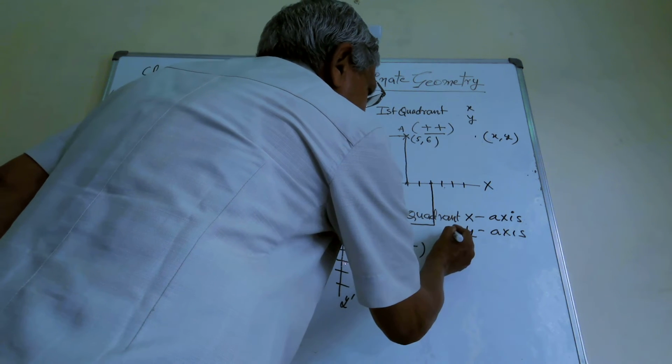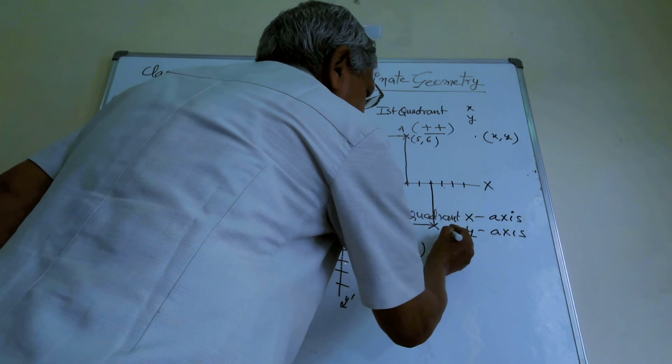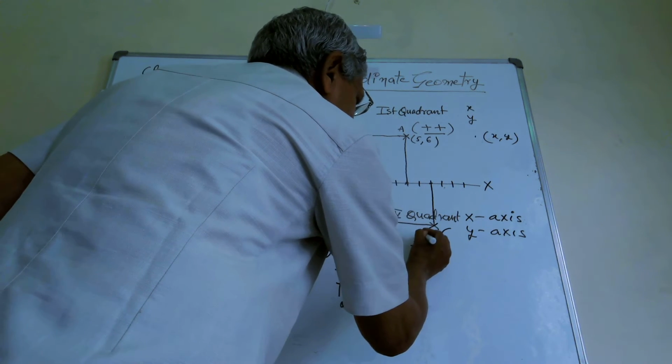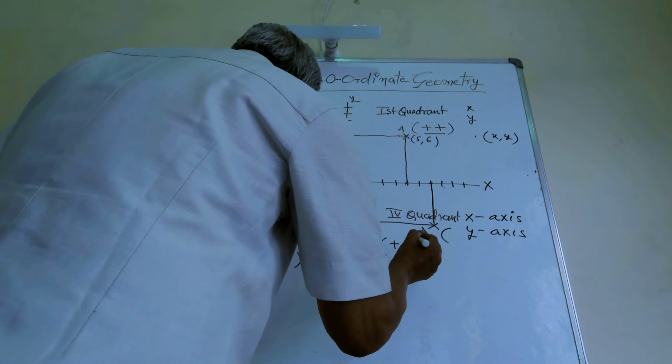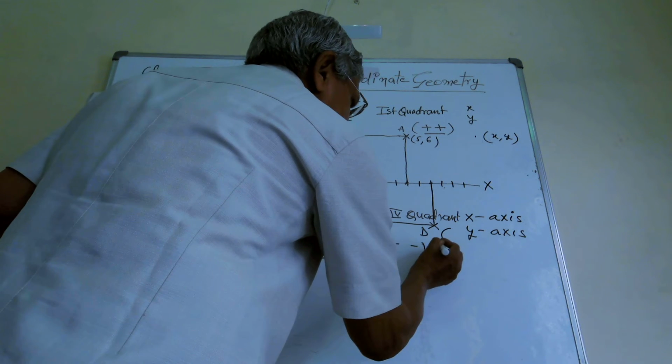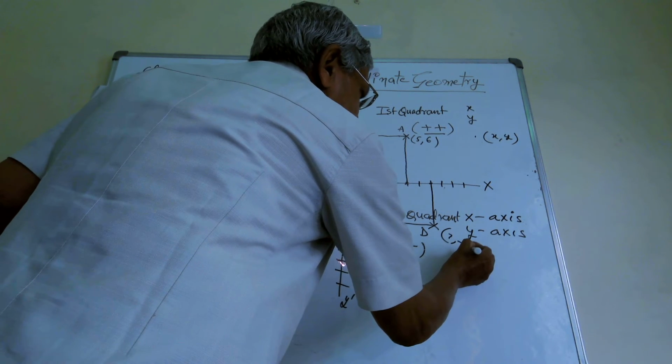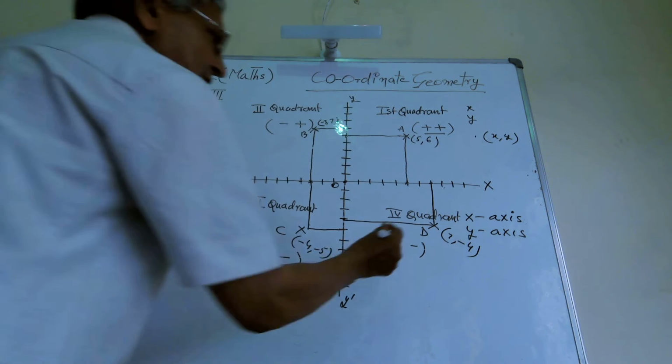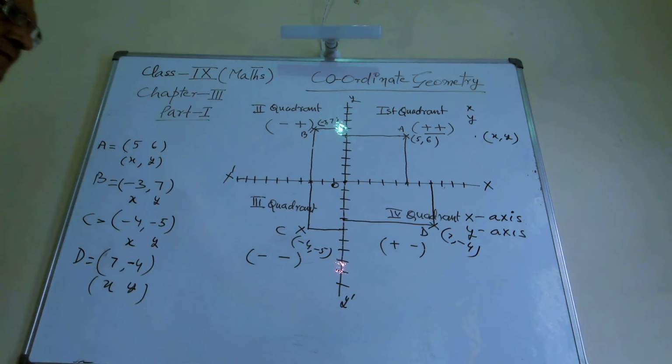And this is the position of a point. This point is D, and the coordinates of this point are (7, -4). This is the position of D point.